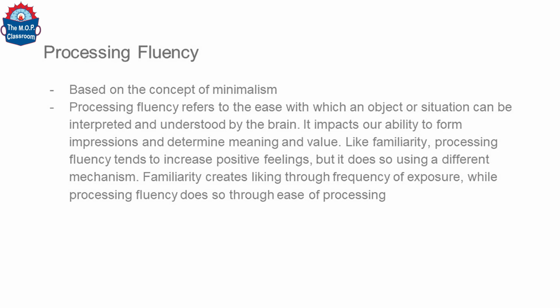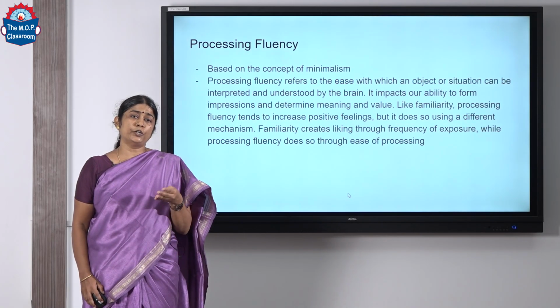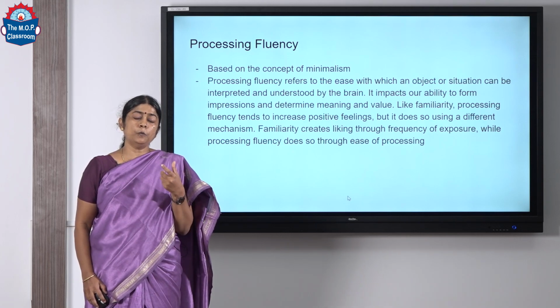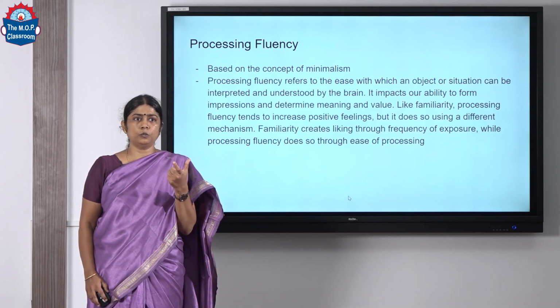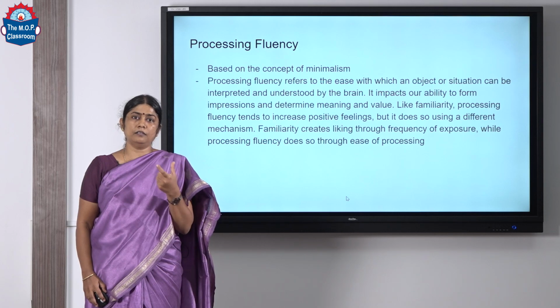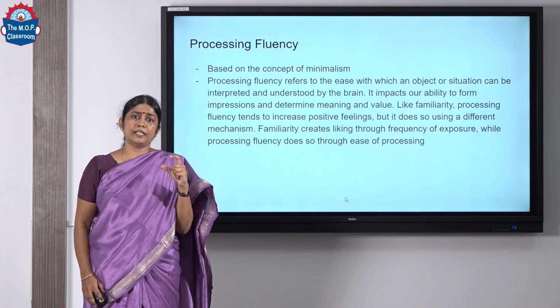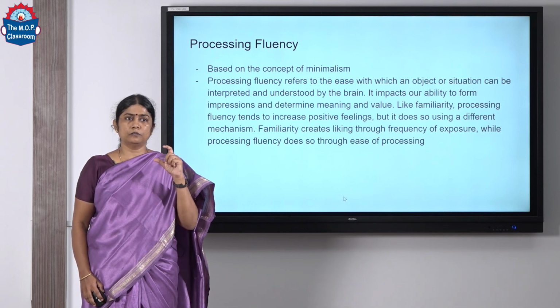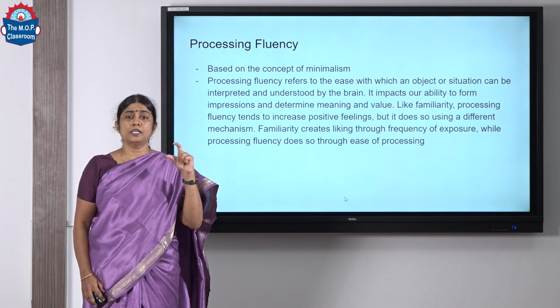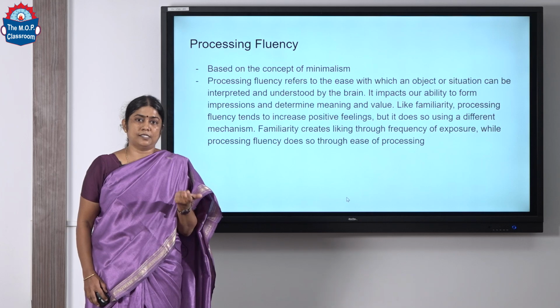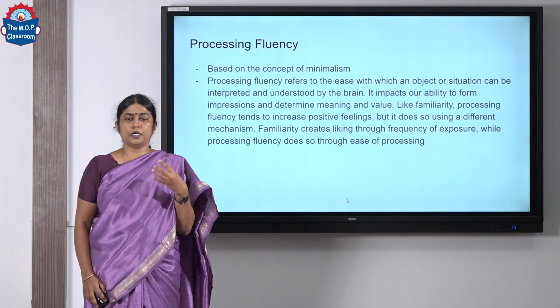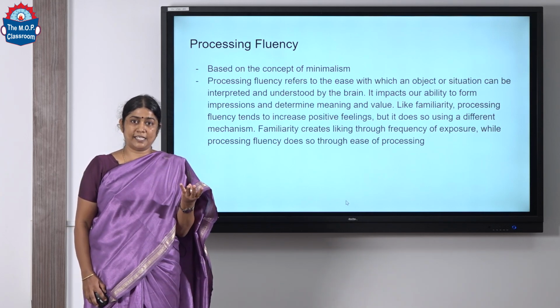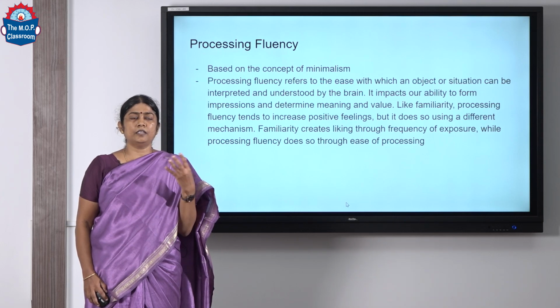Here we try to understand this concept by relating it to minimalism, meaning our brain works in a way that it tries to look at text or any message which is very simple and elegant. It doesn't want anything complex. So it restricts minimally, so it's easy to process. So that's processing fluency. We are more attracted to a message which is very simple and very relevant, right?